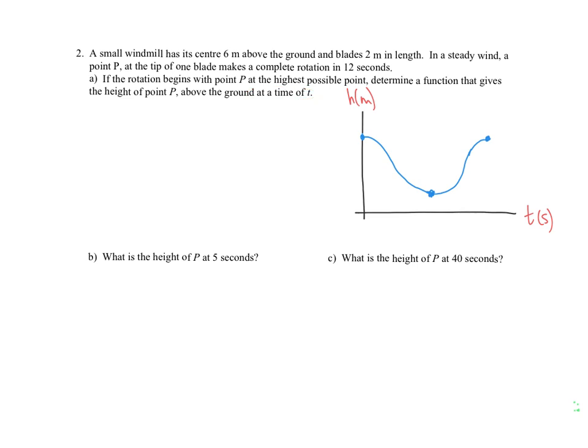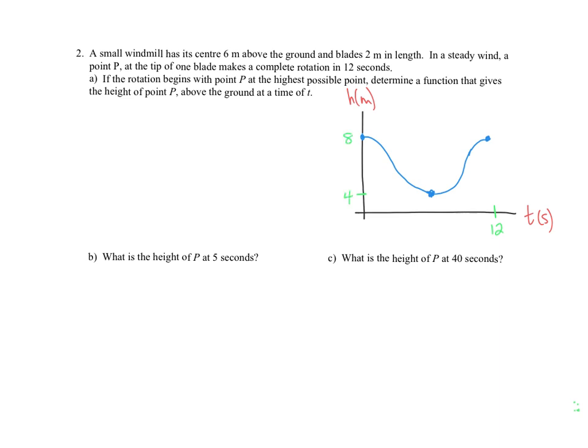A few other key pieces of information: I know it's going to take 12 seconds for that to occur. And I know that the center of my windmill is 6 meters and it has blades of 2 meters in length. So I should be able to write that I have 4 and 8.